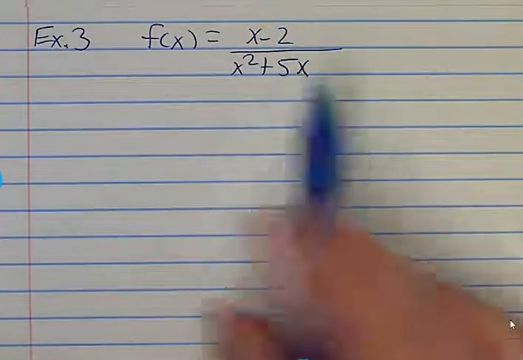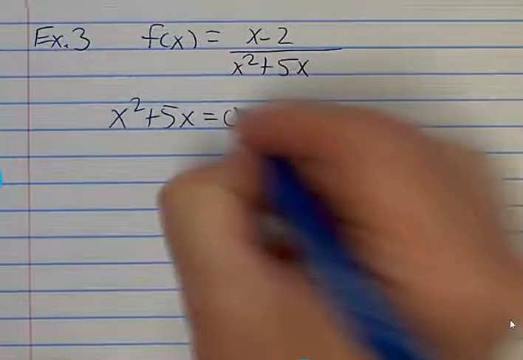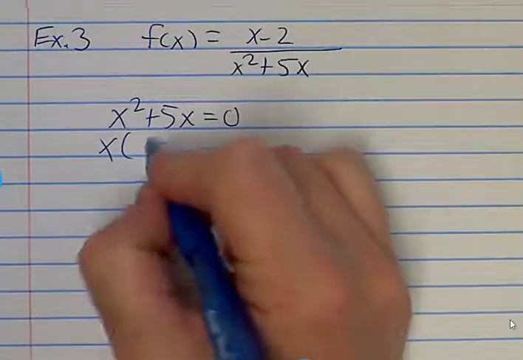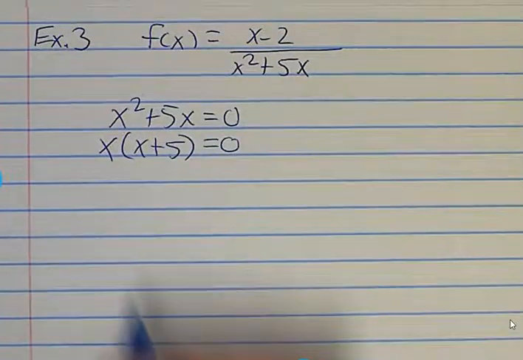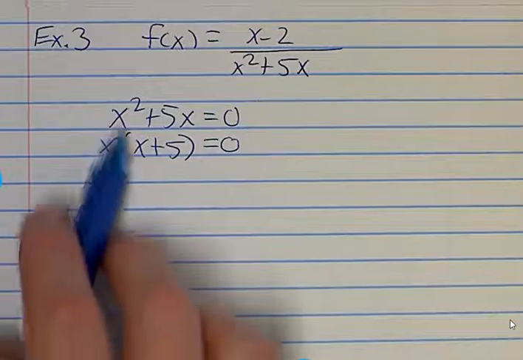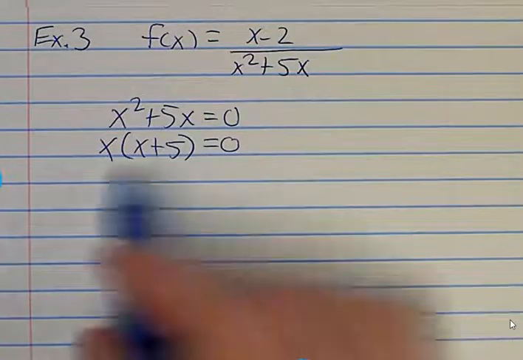They both have an x. So we're going to do x squared plus 5x equal to 0. We're going to factor out the x. If you take 1x out of the first term and 1x out of the second one, you're left with an x and then just the 5. And now set both of those equal to 0.